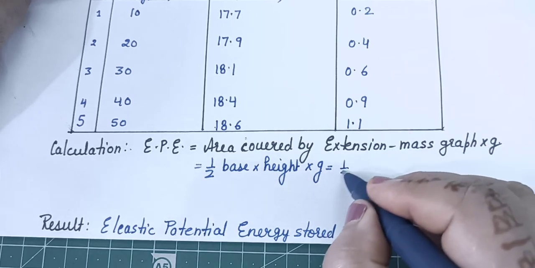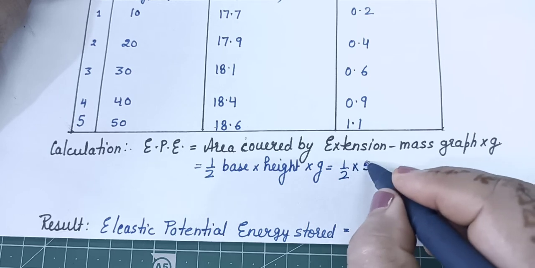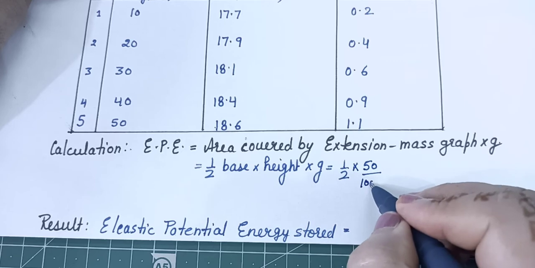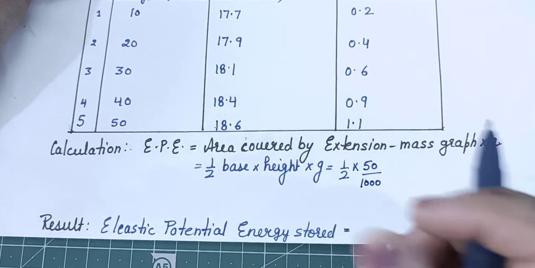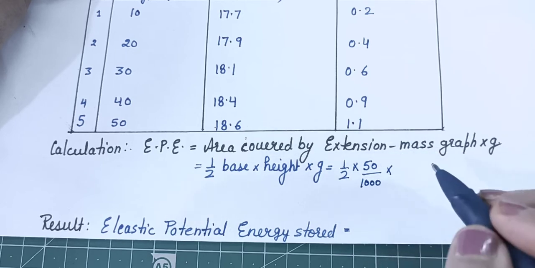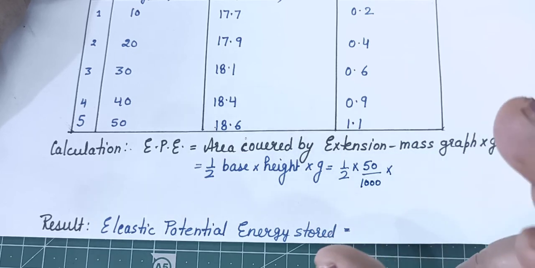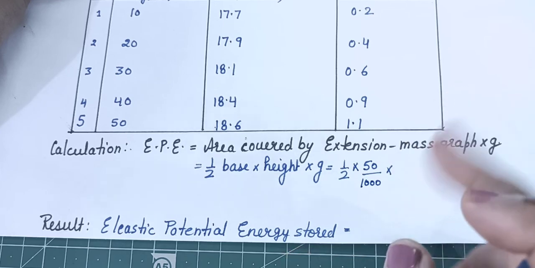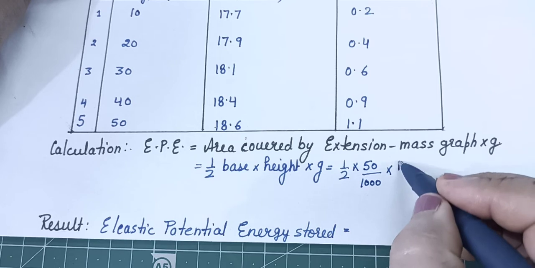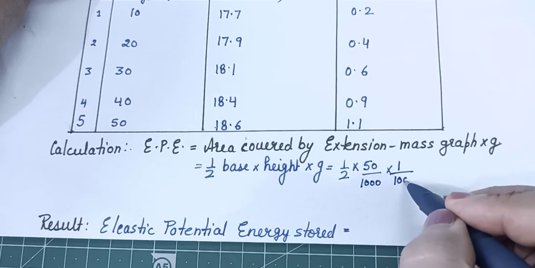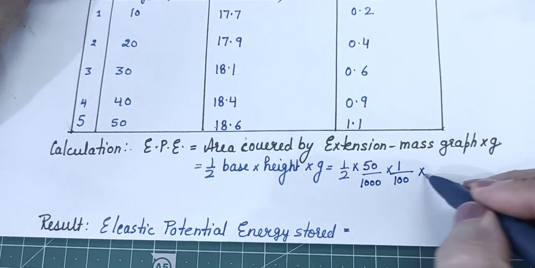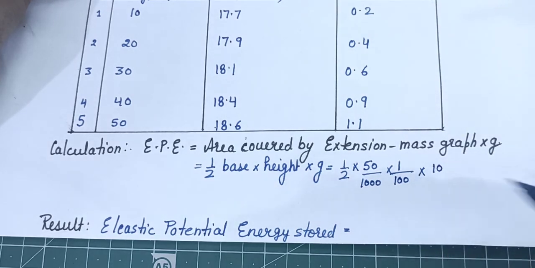So half, and we have seen base is 50 grams, so we have to divide it by 1000 to change it into kilograms. Then height is 1 centimeter, the triangle having 1 centimeter height according to the scale we have taken. So 1 centimeter, and you have to divide it by 100 to change it into SI units, and g you can take 10.